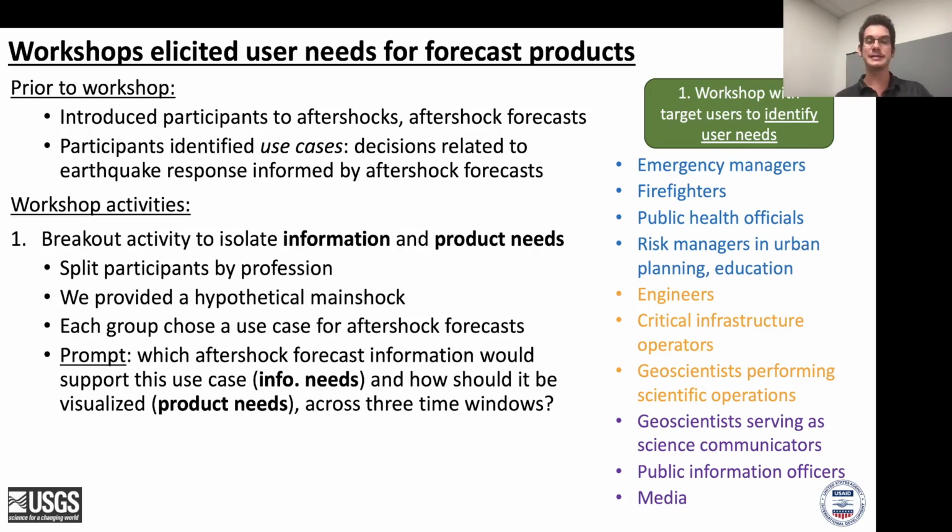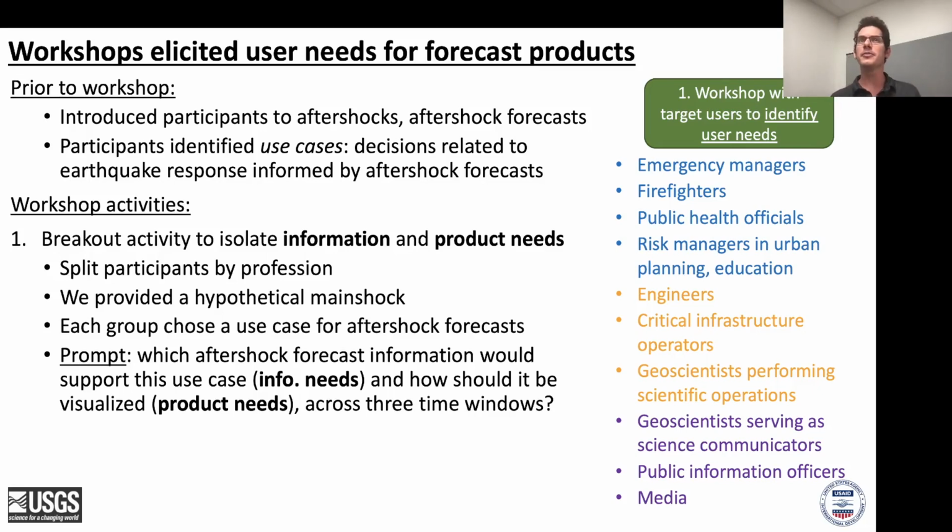So first, we split the participants by profession. We provided each of them the same hypothetical main shock: a magnitude 7.2 happens in your area. And then each group had to choose a use case that represented their profession. Then they had to come to consensus on which aftershock forecast info would actually support that use case.